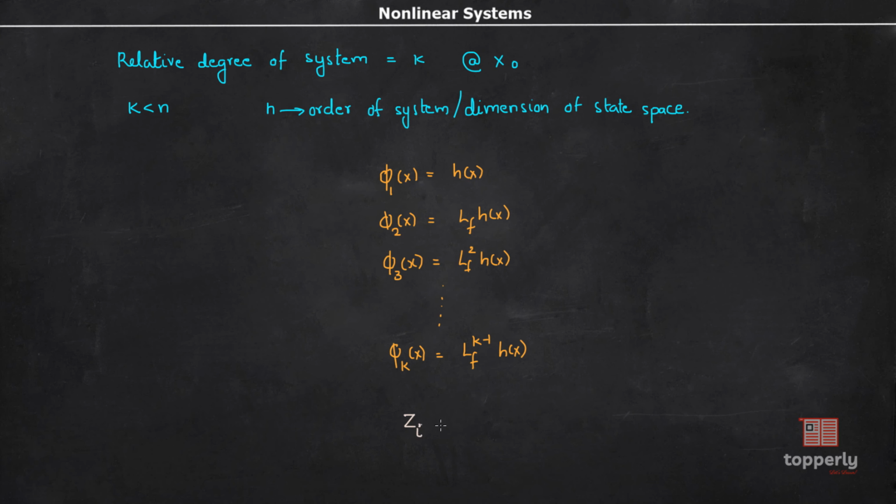And also we set zi is equal to phi i of x, where i lies in the range 1 less than or equal to i less than or equal to k.